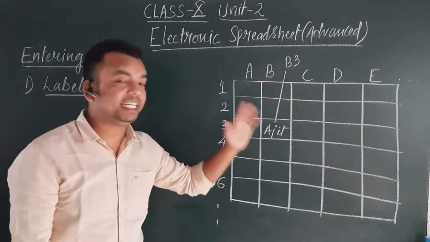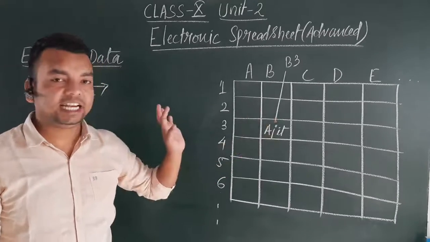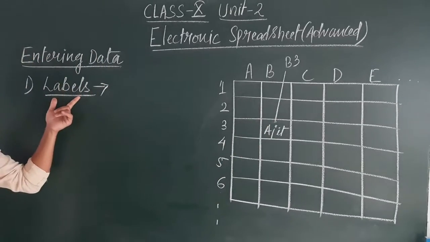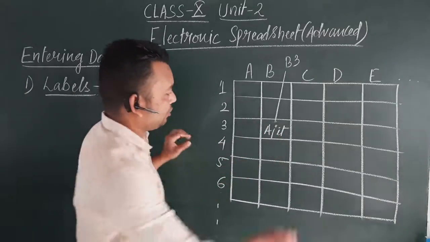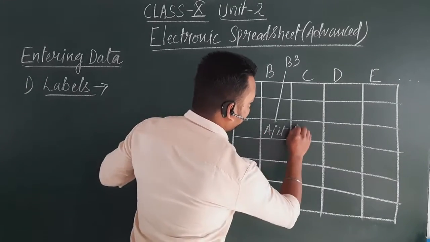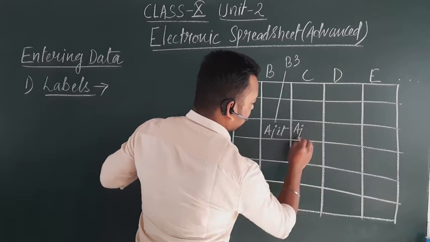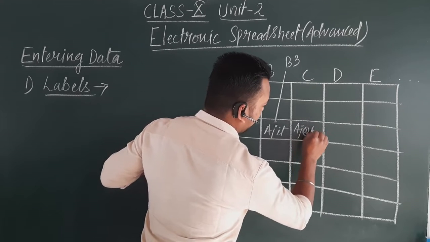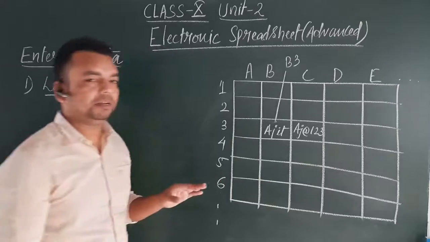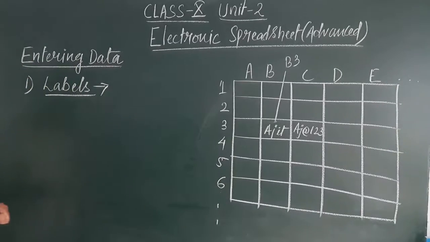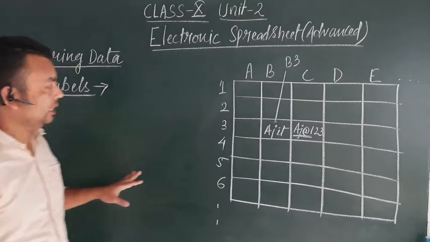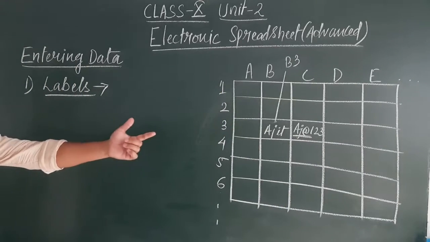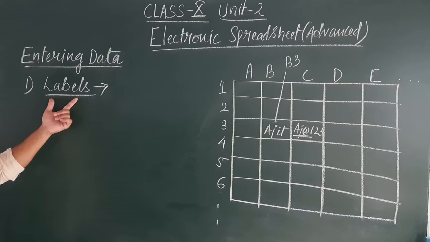Whenever we simply enter any text inside a cell, that will be considered a label. Apart from text, whenever we insert alphanumeric characters also, suppose AG@123, but remember, whenever we are inserting alphanumeric characters, the first character should be an alphabet. In such a situation, that content can also be considered a label.